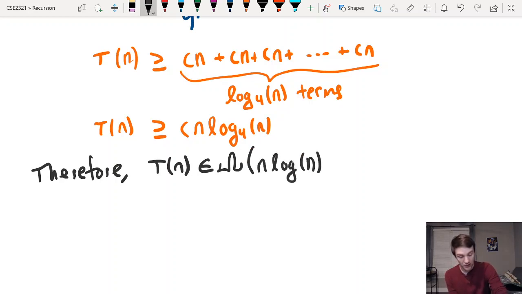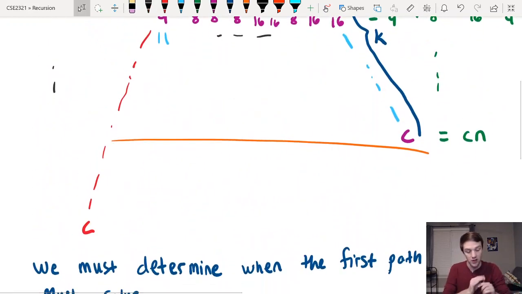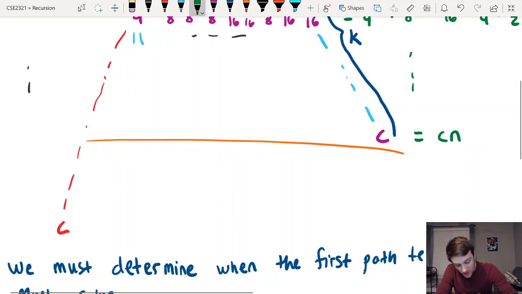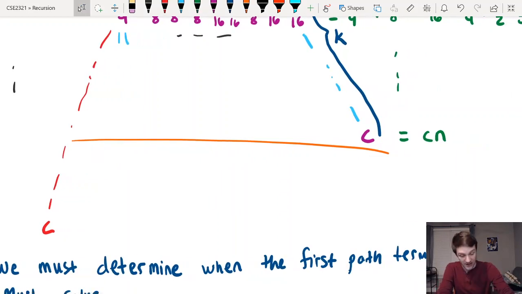So hopefully we can show it's also in big O of n log n, in which case we'll be done. Now, in order to bound it from above, what we must do is bound the cost at each level. So I can bound the cost of all of the levels below the orange line by continuing to extrapolate the pattern.